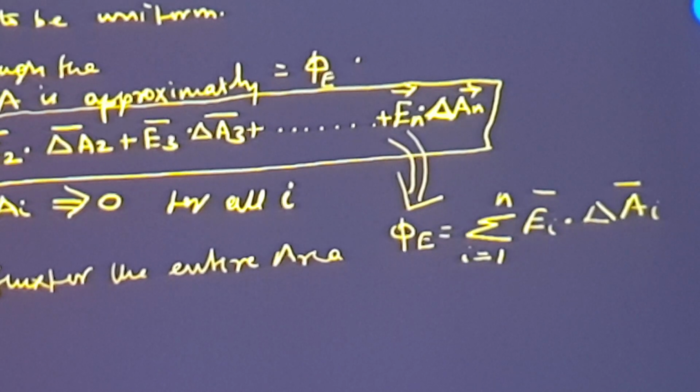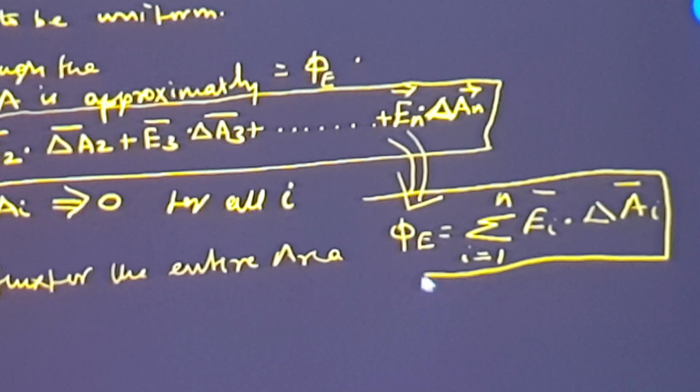So this equation can be written mathematically as phi E is equal to sigma from i equal to 1 to n of E i vector dot delta A i vector.